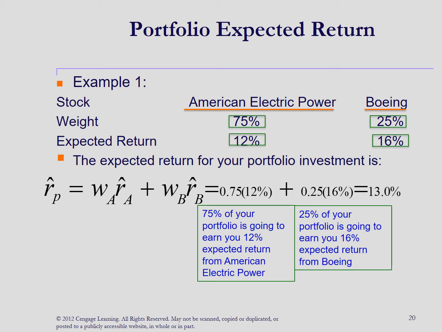It is calculated as 75% times 12% plus 25% times 16% equal to 13%.